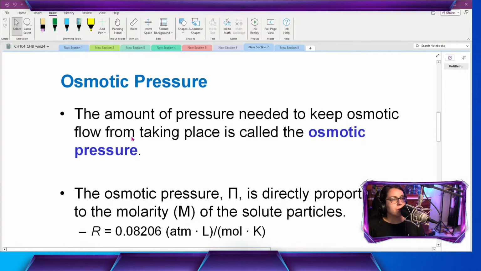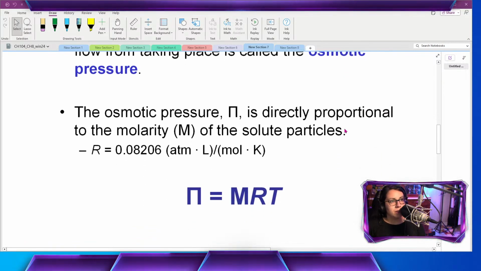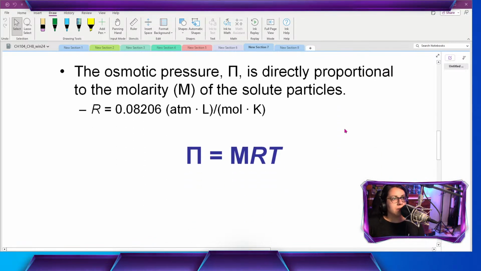And if we could apply pressure to this, we would keep this flow from happening. So that would be, again, the osmotic pressure. And so it's given by this formula here. So we have our osmotic pressure, and this is big pi, is equal to molarity times our R, our gas constant, times our temperature in Kelvin.